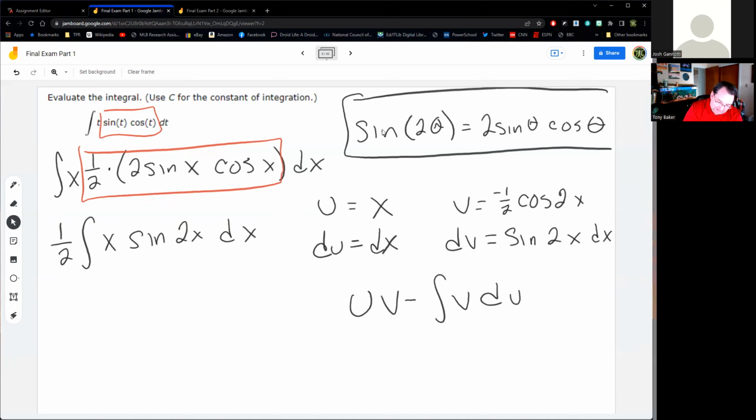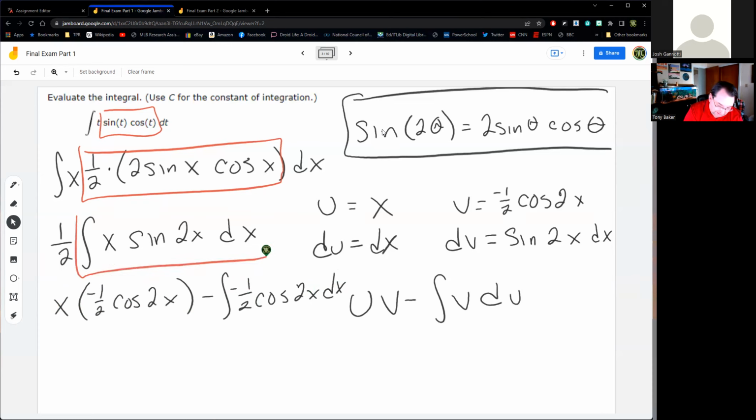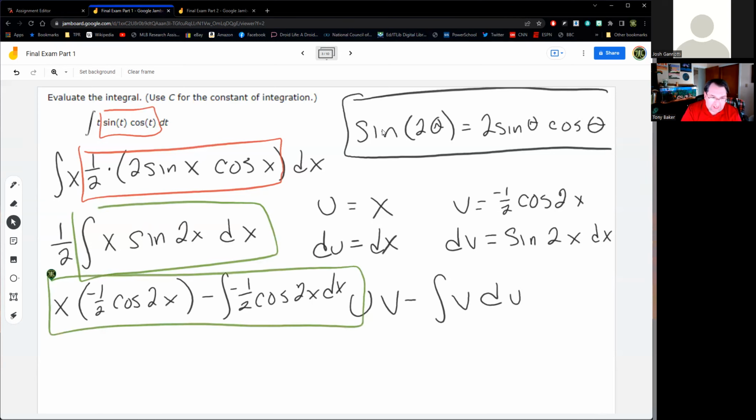So I've got x times negative 1/2 cosine 2x minus the integral of negative 1/2 cosine 2x dx. So this is now that. I am leaving out the 1/2 for a second. I'll put the 1/2 back in at the end of the problem.